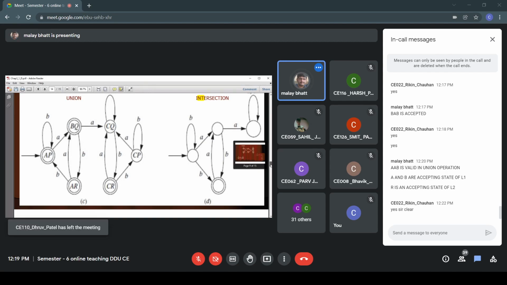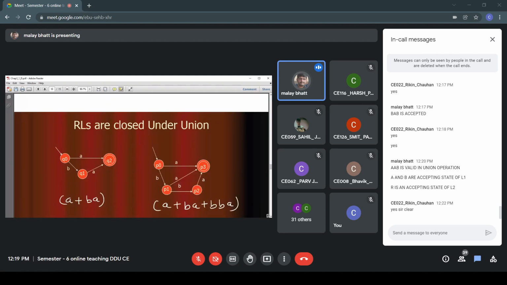Let us take this example for the union operation. We have two languages, A and BA in the first, and here in the second diagram you have A, BA and BBA, and we'll apply the union operation. So the question is: is the above union correct?